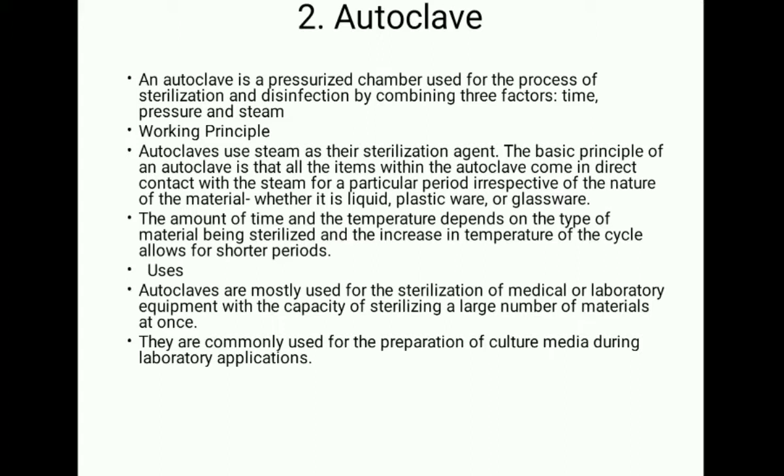The amount of time and the temperature depend on the type of material being sterilized, and an increase in the temperature of the cycle allows shorter periods. Talking about use, autoclaves are mostly used for sterilization of medical and laboratory equipment, with the capacity of sterilizing a large number of materials at once.